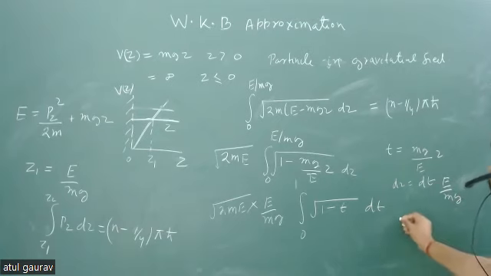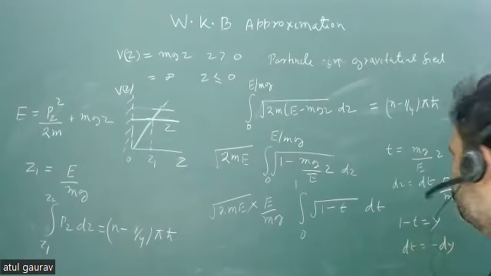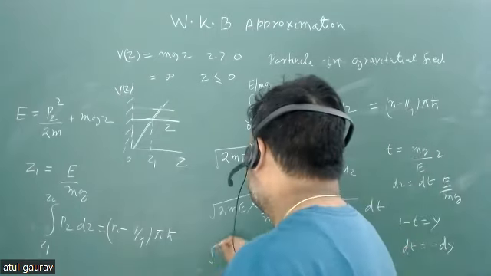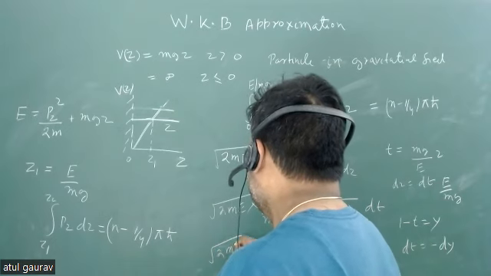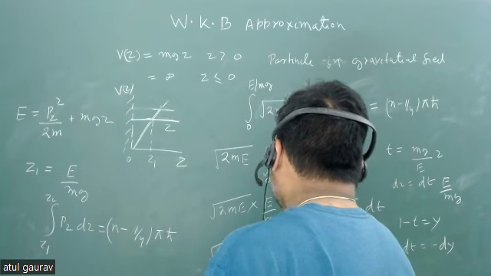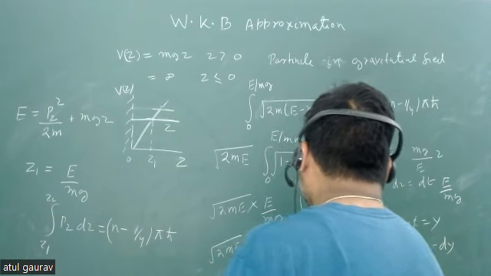So this is linear. You can just put 1 minus t is equal to y, isn't it? So dt is equal to minus dy, and when t is equal to 0, y is equal to 1, and when t is equal to 1, y is equal to 0. And the minus sign is there, so again you will go from 0 to 1. So you have root 2mE into E upon mg, and you go from 0 to 1 root y dy.